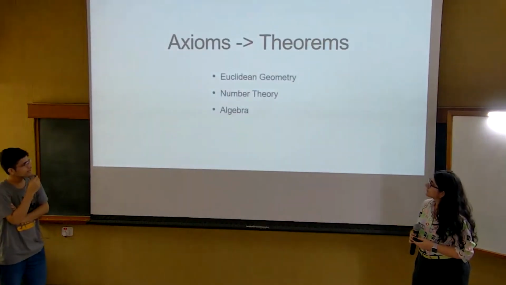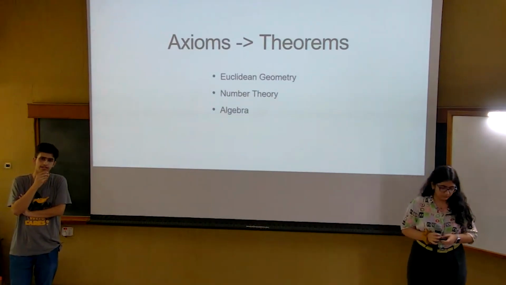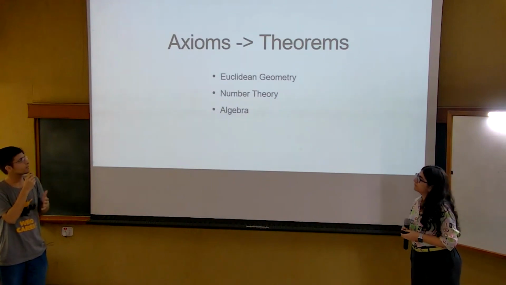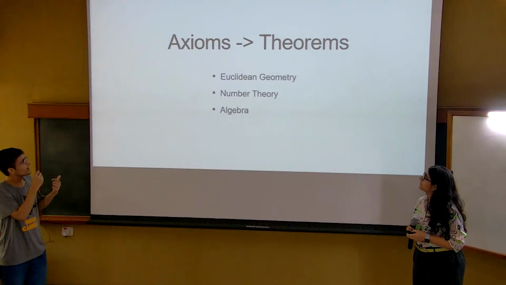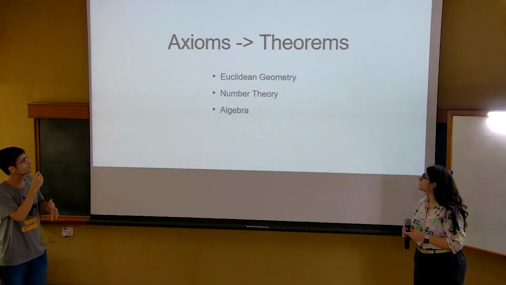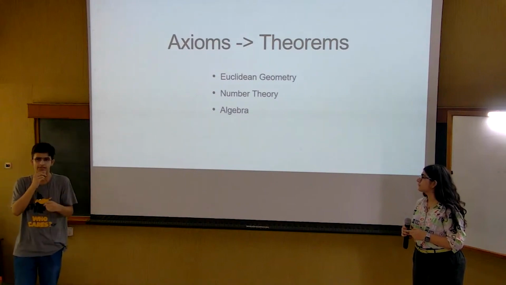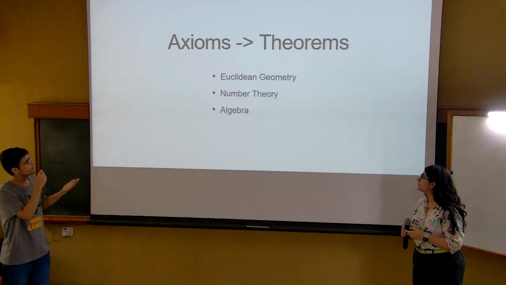So mathematics basically started with Babylonians and Greeks, and what we've been building for more than 2000 years is that we have a set of axioms and there are rules of inference. And from that we can derive the theorems, and this builds into a system. Now, this gave rise to Euclidean geometry, which is based on a few axioms, number theory, and algebra.